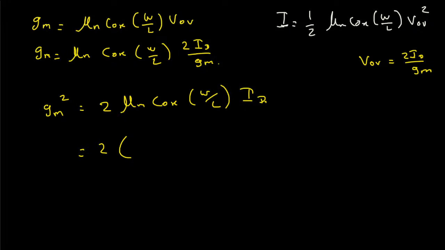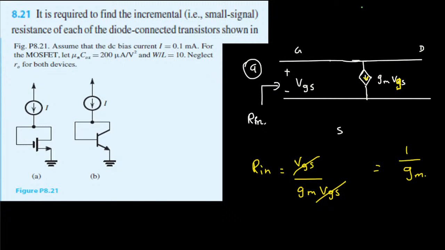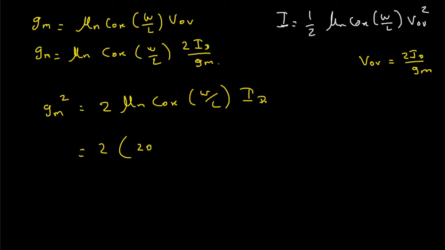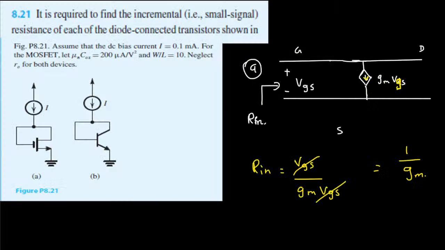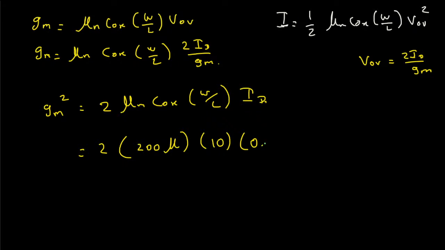2 times mu n Cox, which is 200 microampere per volt squared, so 200 micro right here, and W over L is provided to us, that is 10. Multiply that here, and then ID current is provided, that is 0.1 milliampere, so 0.1 milli right here, and that is equal to gm squared. If you simplify, gm squared comes out to be 0.4 micro.